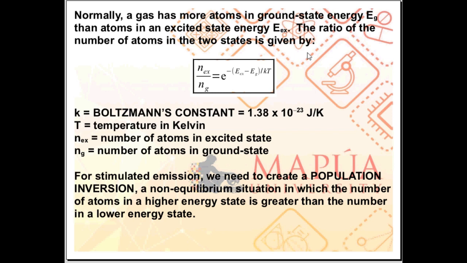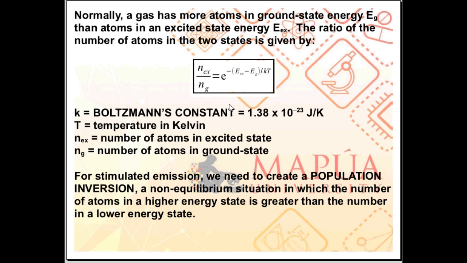If you compare the atoms in the ground state and the atoms in the excited energy state, the ratio of the number of atoms in these two states is given by Nx over Ng equals e to the negative of (Ex minus Eg) divided by kT.